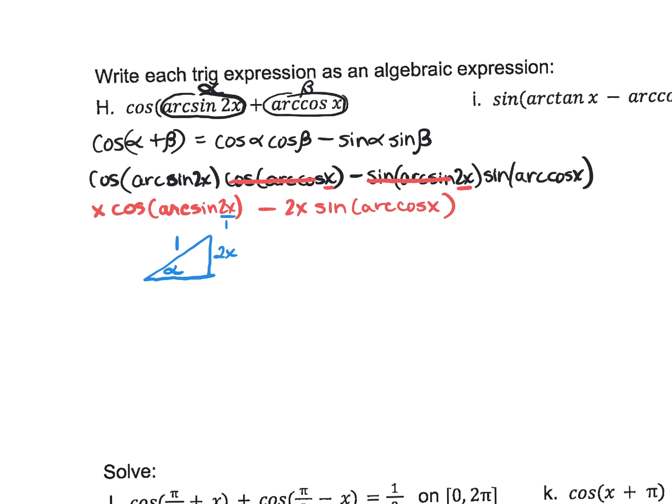Pythagorean theorem says side squared plus side squared equals hypotenuse squared. So if we have the hypotenuse and one of the sides, we can simply take the square root of the hypotenuse squared, 1 squared is 1, minus the side squared. So what is 2x squared? 2 squared is?